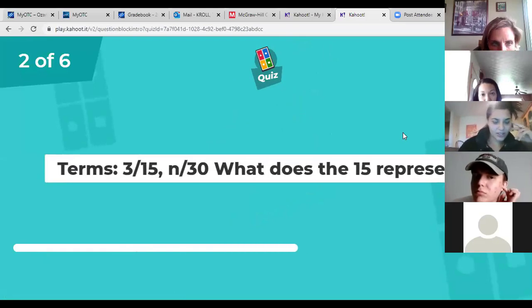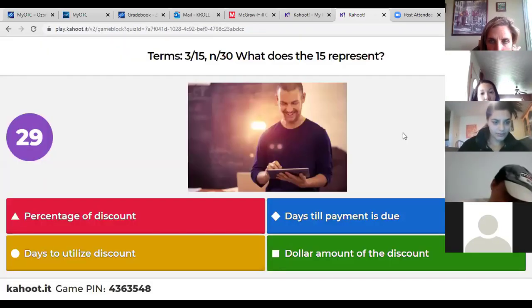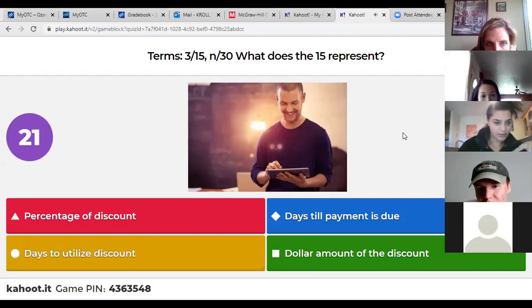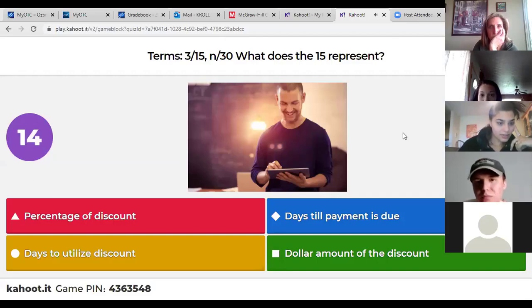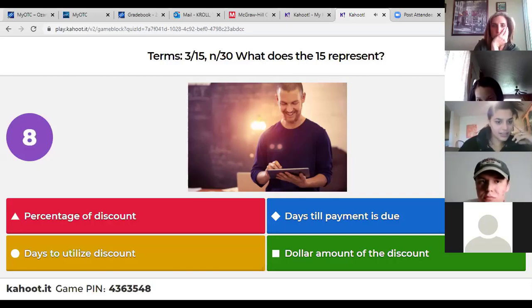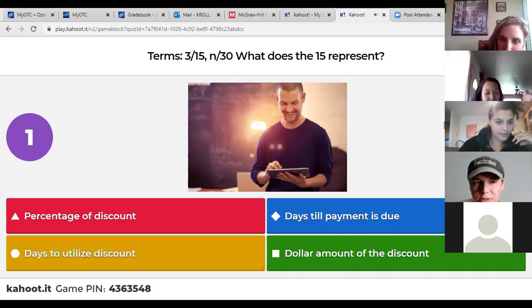On the terms 3/15, n/30, what does the 15 represent? It's really hard skipping from screen to screen because the options in the question don't show up on the big old shape.